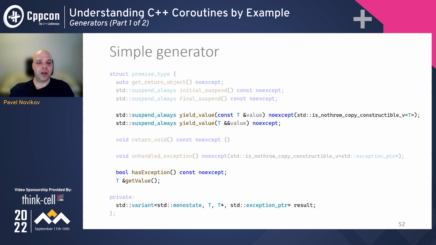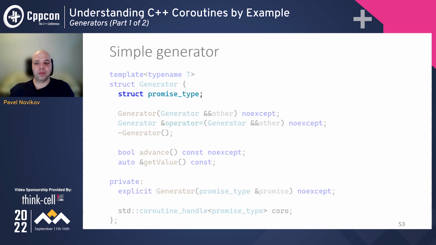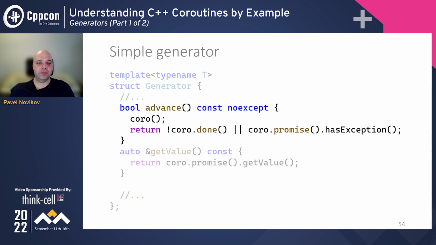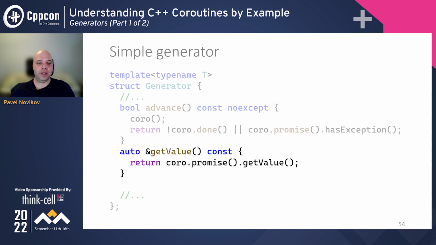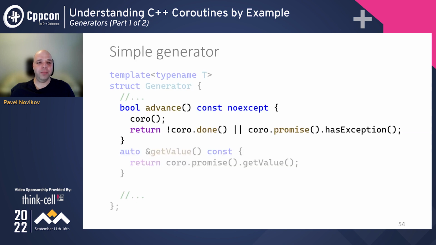And otherwise, we have minor changes, like has exception is extracted from that. And this is all the changes we need to do in the promise type. We have to define our advance and get value. They are very simple.